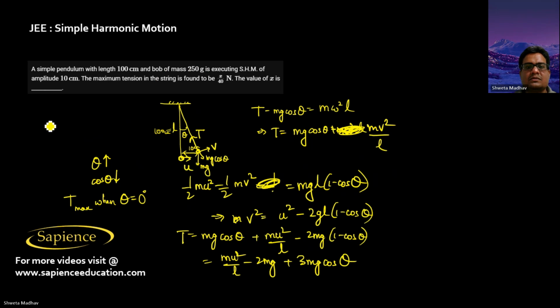Now, the value of cos theta when the amplitude is 10 centimeter: sin theta will be equal to 10 by 100.